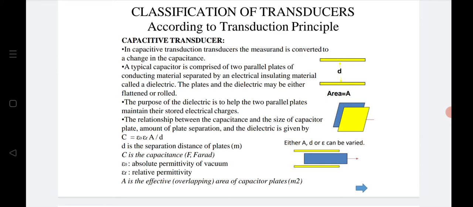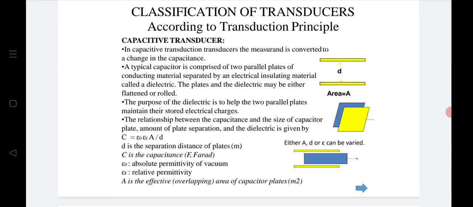A typical capacitor is comprised of two parallel plates of conductive material separated by an electrical insulating material called a dielectric. So we use two parallel plates, and between them we have an electrical insulating material known as a dielectric.